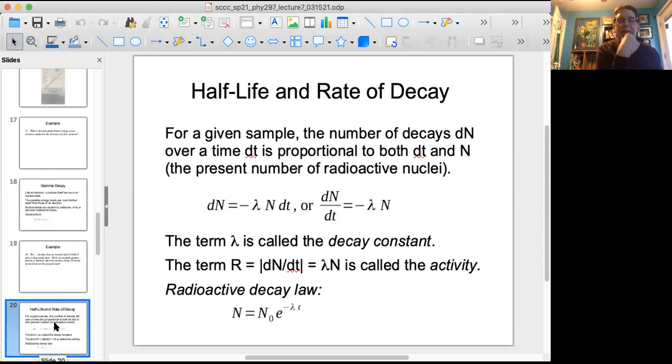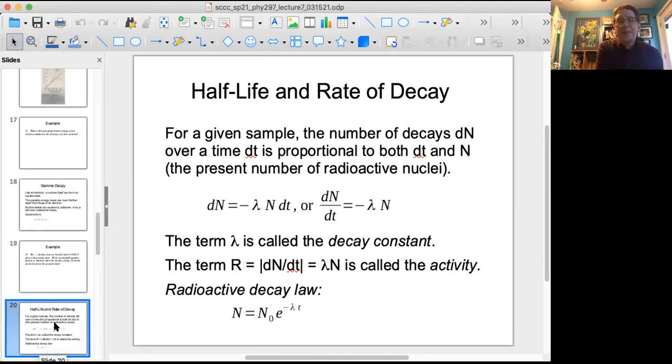And so dN, the differential number of decays, is equal to negative lambda N dt, or you can simply write that as dN over dt is equal to negative lambda N, where lambda is a proportionality constant called the decay constant, and it's substance specific, like so many other things we've talked about in physics.